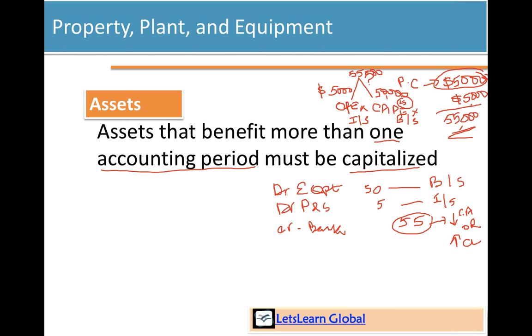When you pay it, you will have accounts payable non-trading, accounts payable or creditor. Either it will increase your current liability if you buy on credit, whereas if you pay the amount, it will decrease your bank balance, that is a decrease in your current asset.